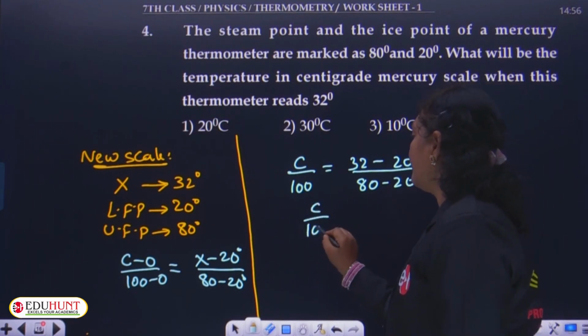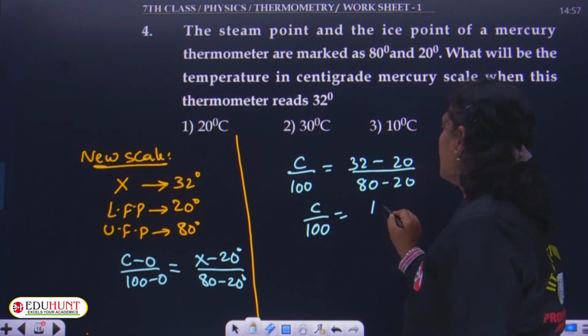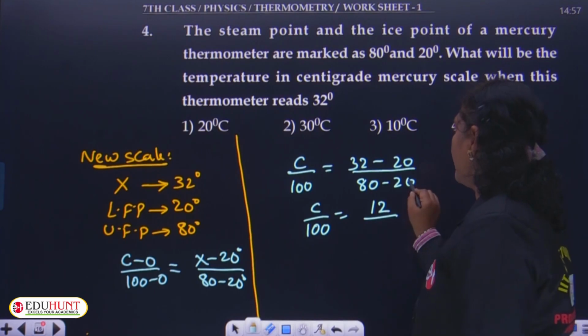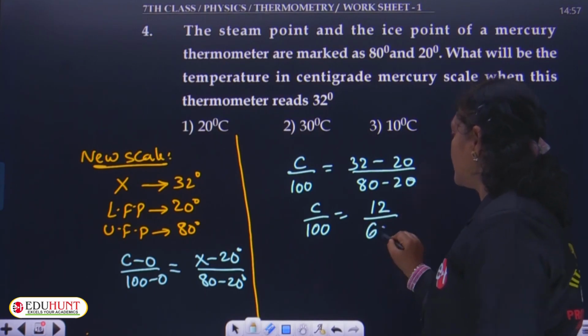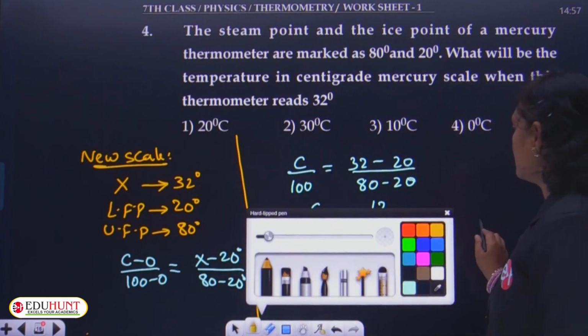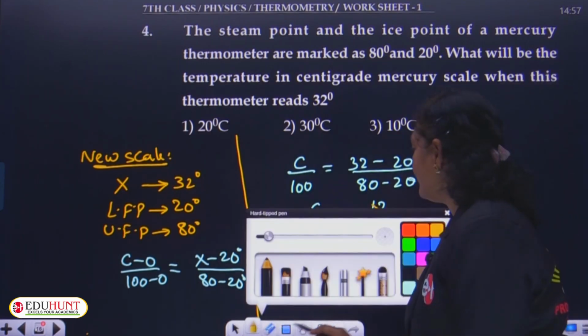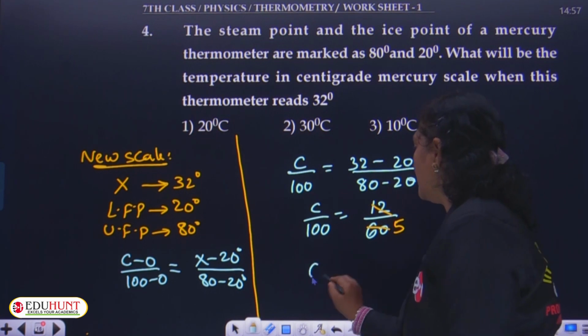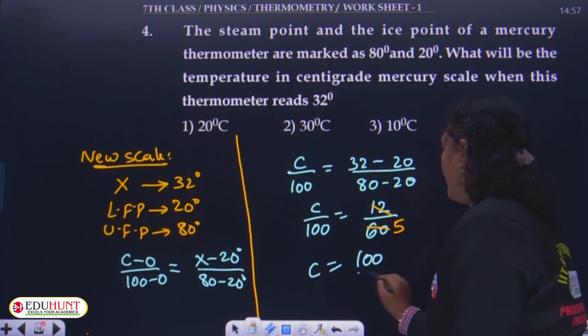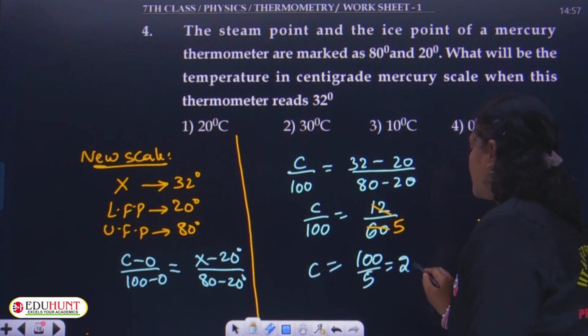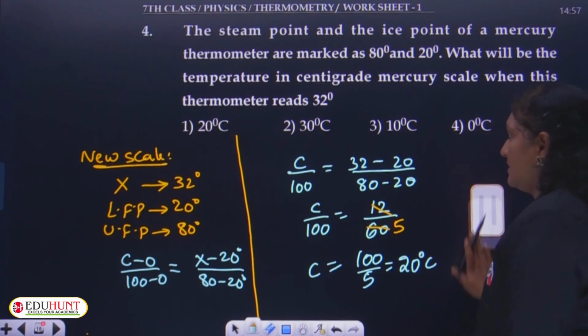Or C by 100 is 32 minus 20, which is 12, and 80 minus 20, which is 60. This goes 5 times. Hence, the value of C is 100 upon 5, which equals 20 degrees Celsius.